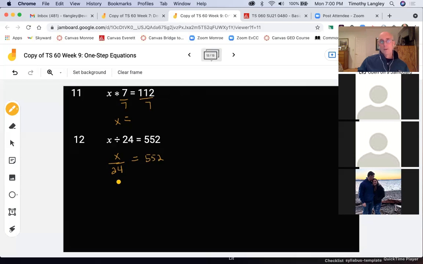How would I get X by itself? Remember I said that you have to do the opposite operation? This operation is division, which now is rewritten like this. I have to multiply something to get X by itself. What would I multiply this by to get X by itself? If I took 1 over 24, which is the reciprocal.